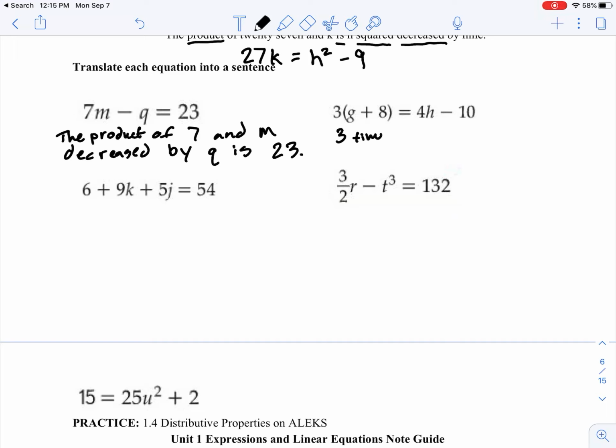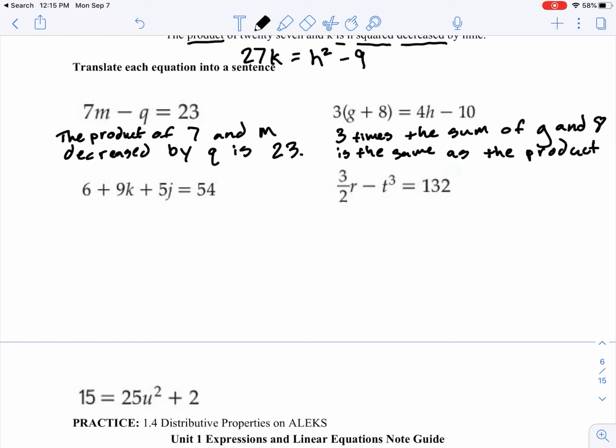So 3 times the sum of g and 8 is the same as the product of 4 and h, running out of room, decreased by 10.